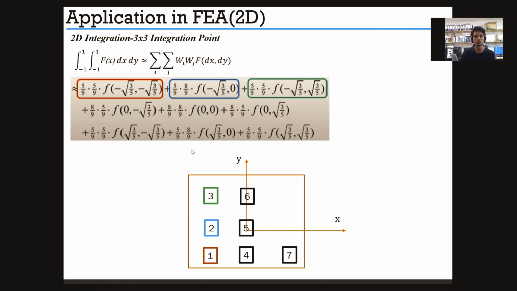This one is here and this one is here. So from this 3 by 3 integration point we can get the points' locations, and we can also calculate the whole area by following the Gauss quadrature rules.